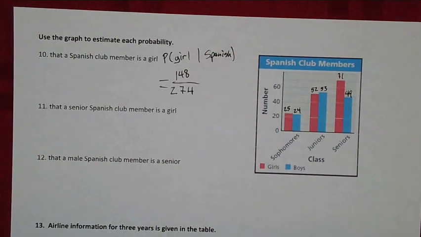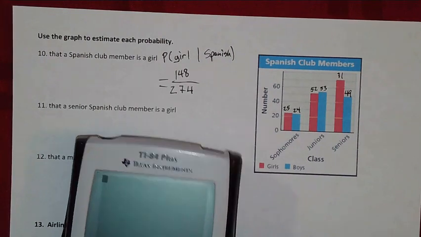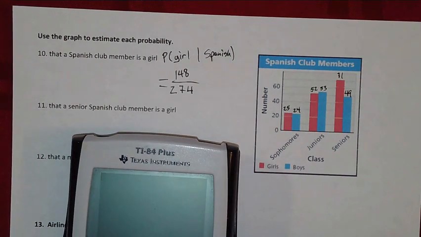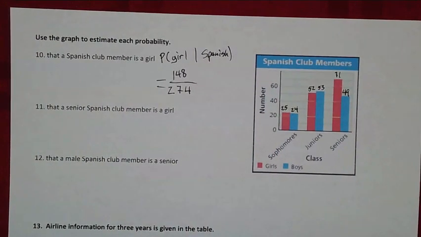I have a feeling someone's going to send me an email and say, Mr. Crow, when you found the total number of students, I'm just going to go ahead and double check and save myself the time of correcting this later on. So my girls, 25 plus 52 plus 71, that was 148. And then when I add the boys, 24 and 53 and 49, 274. Well, look at that. I guess I got it right. So that's what we're doing there.